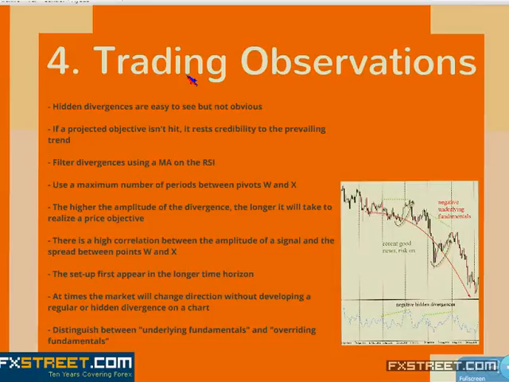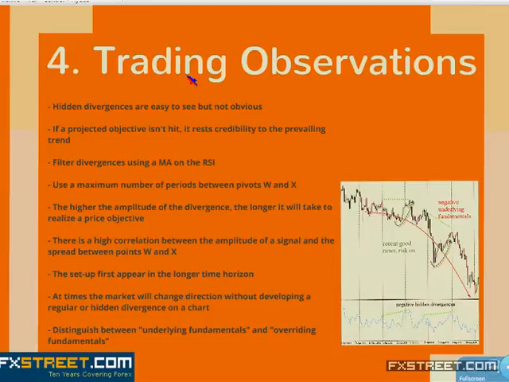The higher the amplitude of the divergence, the longer it will take to realize the price objective. We have seen it, especially the higher the difference between the points W and X, the longer it will take to realize the price objective. The price objective will be further away from the current levels.